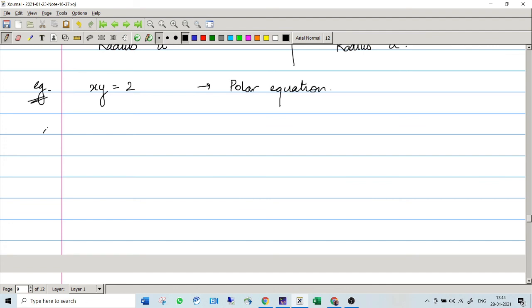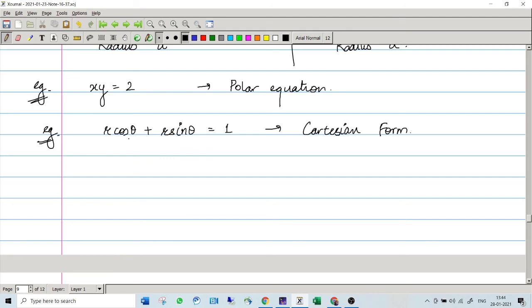And another: if you have r cos theta plus r sin theta equal to 1, you may convert it into the Cartesian form and comment about the graph. You can do this one right now.